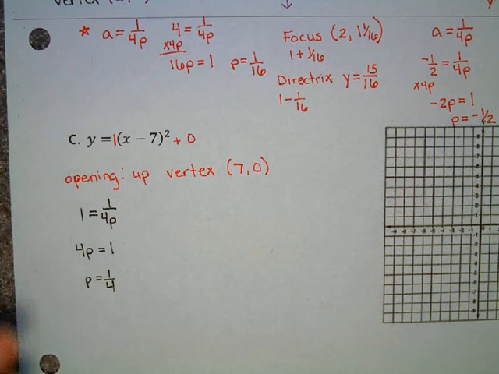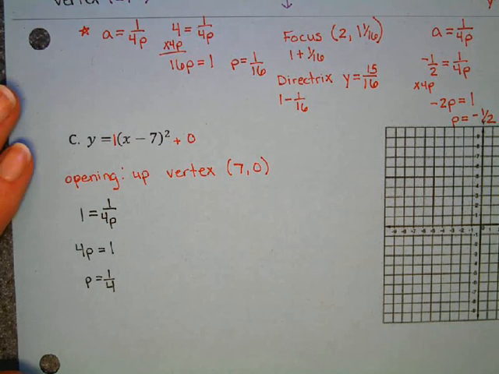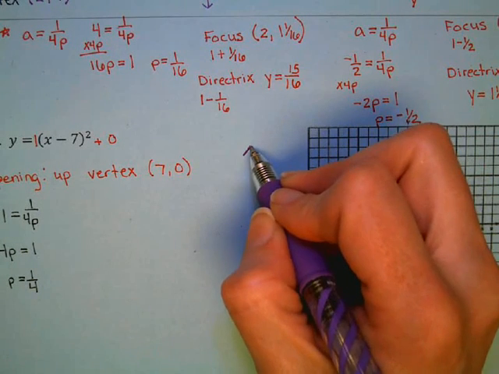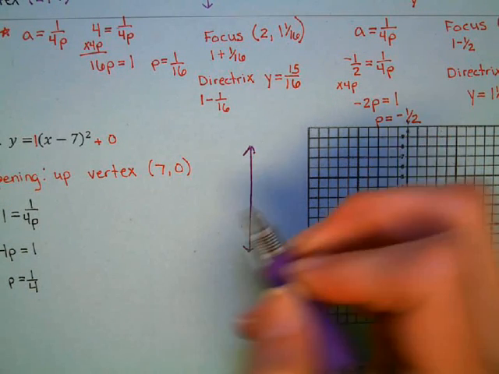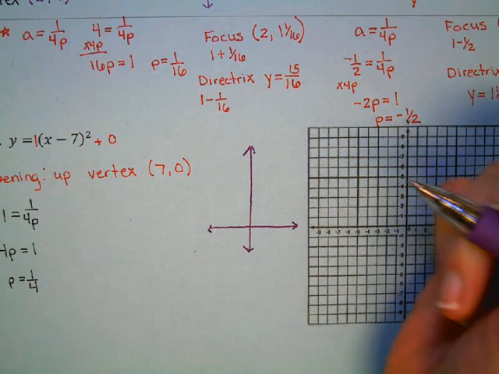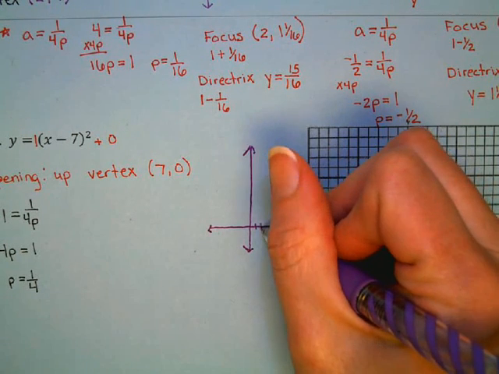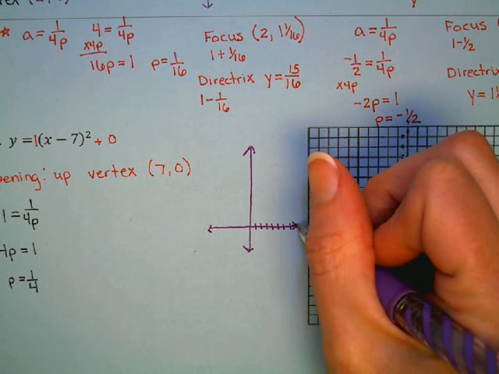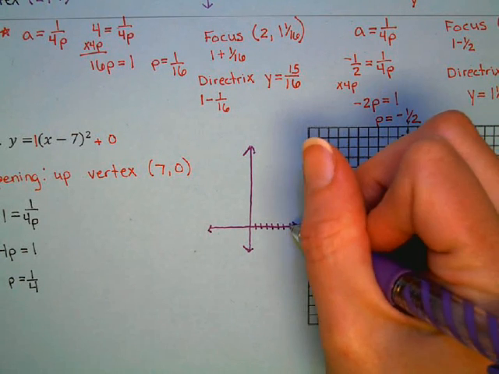So I'll sketch my graph. Start at 7, 0. I didn't draw that graph very well. Sorry guys. So 7, 0, and I'm going to go up 1 over 1.